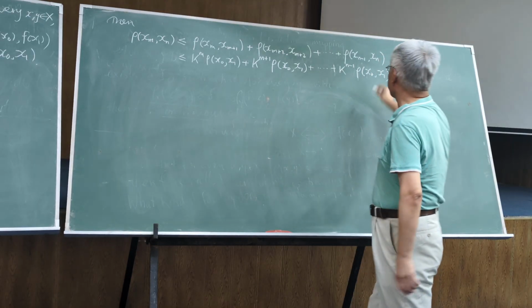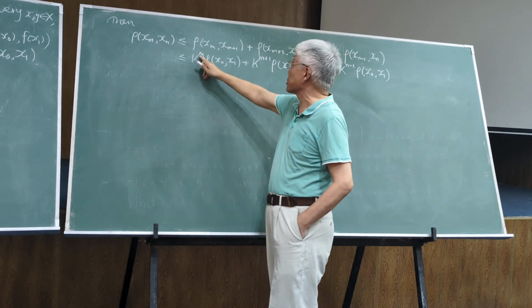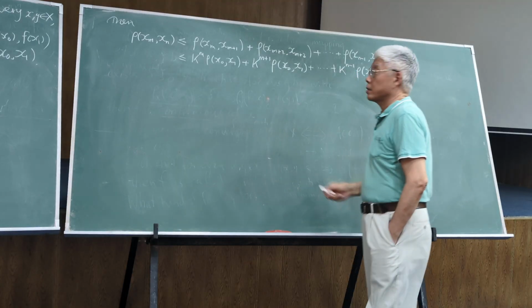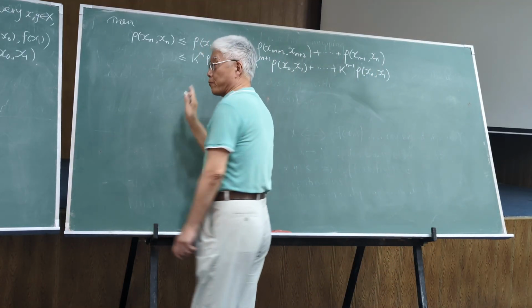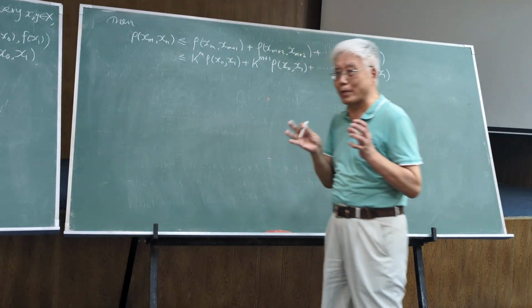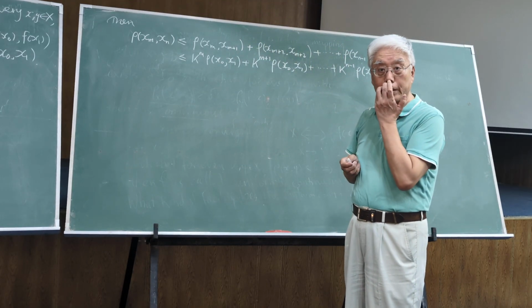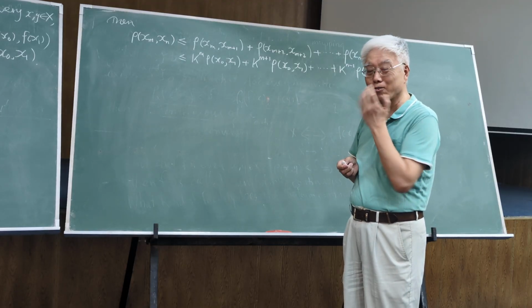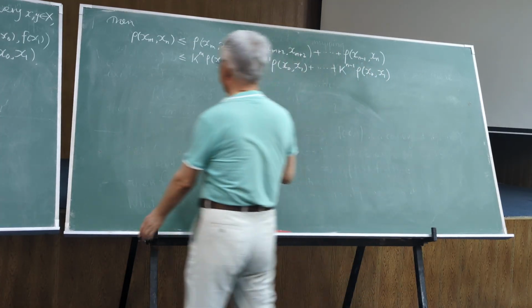Now here, look, this is a constant, and k to the m is a constant. This is the smallest power. This is the highest power. So we factor it out. It can be factored because we have only finitely many terms in the sum. If it is infinitely many, what do you need in order to factor? You know it from first year analysis, but we will factor it out.